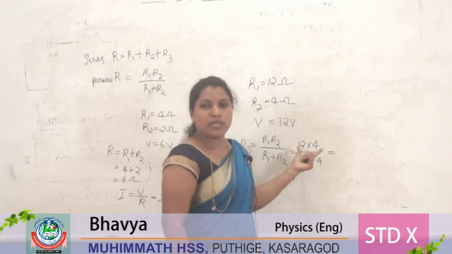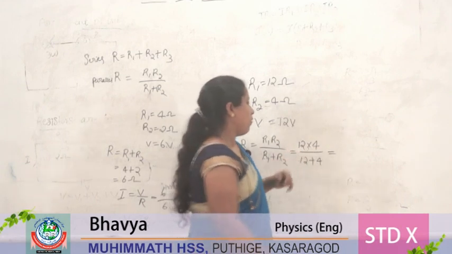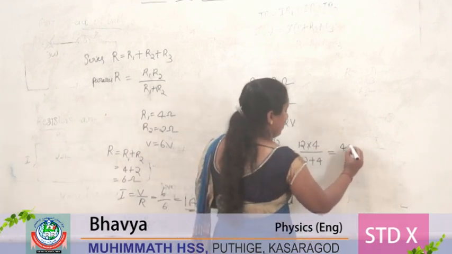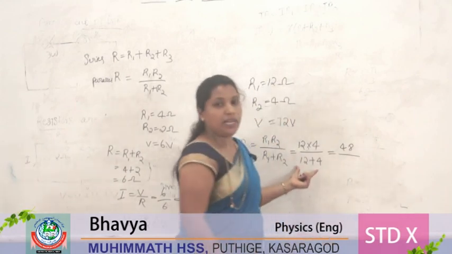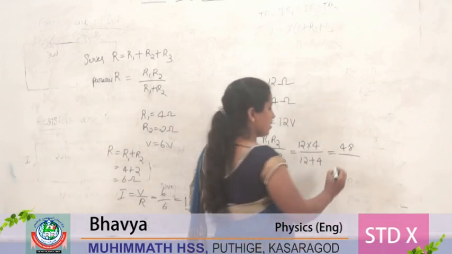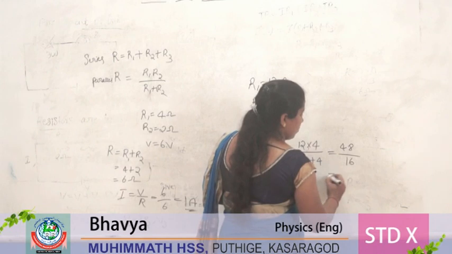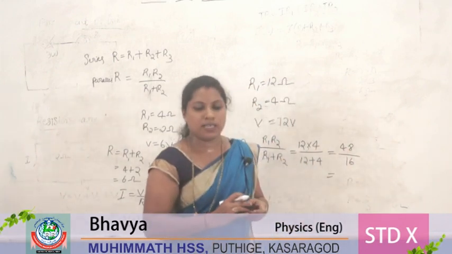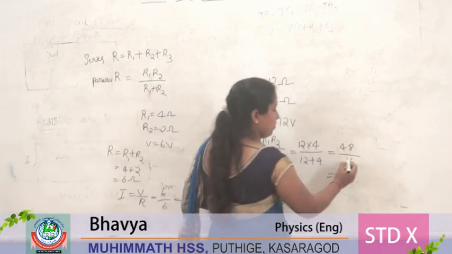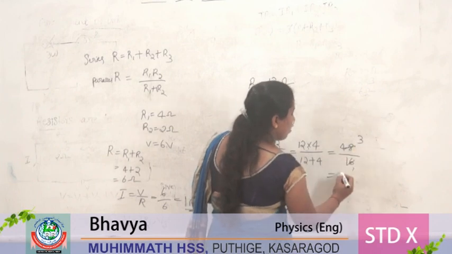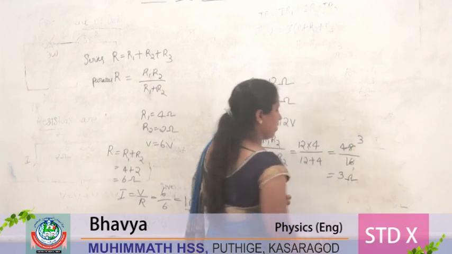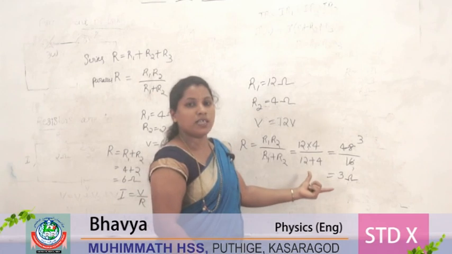So 12 into 4 means 48. 48 divided by 12 plus 4, which is 16. Dividing, how much do we get? 3 ohm. 6 ones are 6, 6 threes are 18. So the effective resistance is 3 ohm.